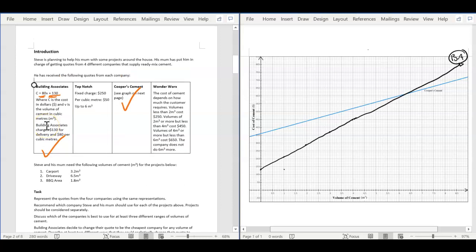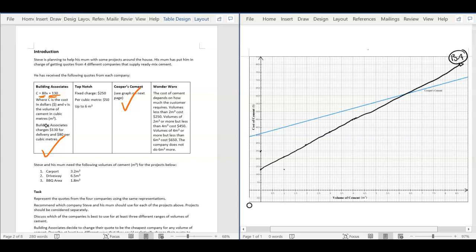We're now going to look at Top Notch, and we don't have an equation, but we've been given most of it. It starts at 250 and it goes up 50 for every meter, and something a bit new, it stops at 6 meters. So maybe their trailer can't carry anything more than that. So let's go to our graph. We find our start point, which is up here at 250.